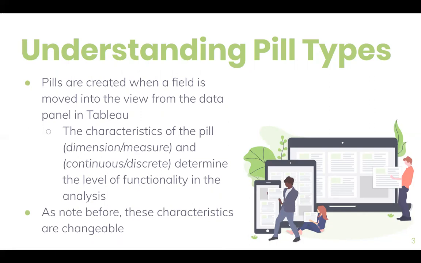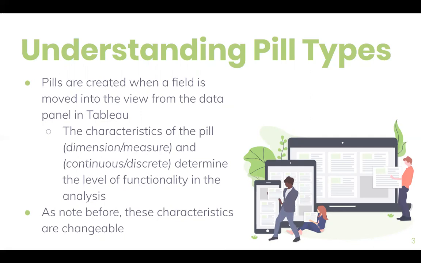A dimension, as you may remember, is usually numeric and quantitative in nature, and a measure is usually categorical and qualitative in nature. A pill is also either continuous or discrete. Continuous is usually, again, numerical, and discrete is usually categorical.